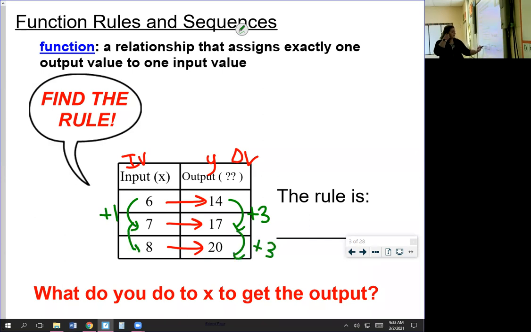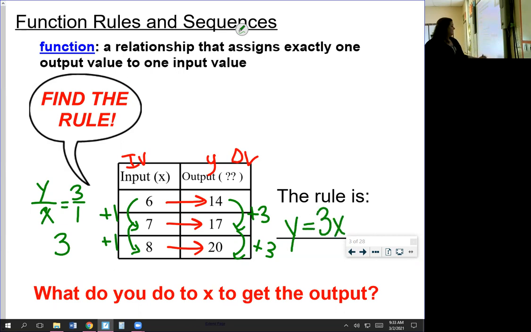From here to here, I add 1. So the relationship is you take the 3 and divide it by 1. You take your y difference and divide it by x. So this is 3 over 1, which is 3. This is your coefficient, so it would be y equals 3x.